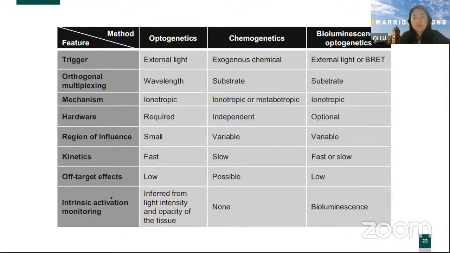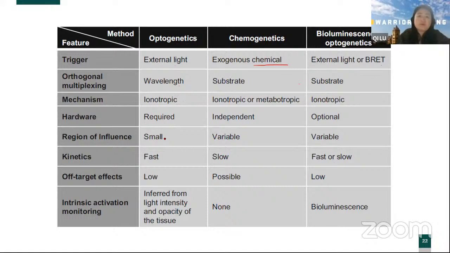So this table summarizes the different approaches. Optogenetics triggers using light, chemogenetics uses chemicals, and bioluminescence uses candle light, or with the breath. It needs to provide light, and for chemogenetics we provide different substrates, different drug molecules. The mechanism is ionotropic or metabotropic.